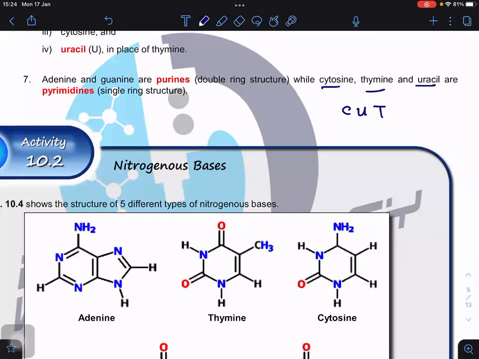So who are the pyrimidines? Cytosine, uracil, and thymine. How many rings? One ring. Why? They are cut from two rings into one ring. Are you clear? This is how I remember, but you can find your own way.